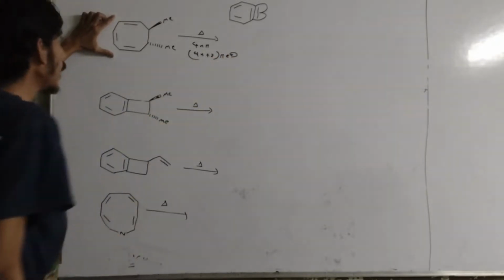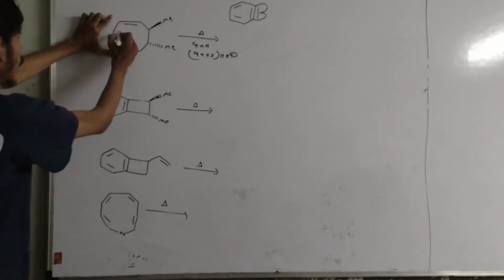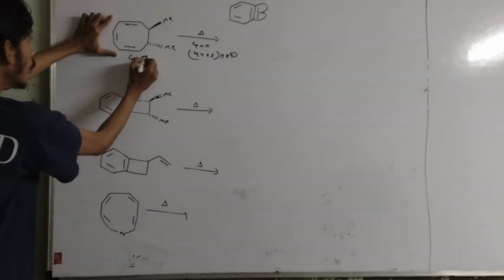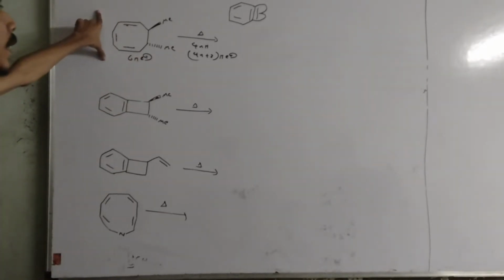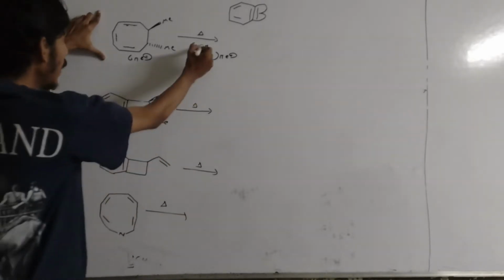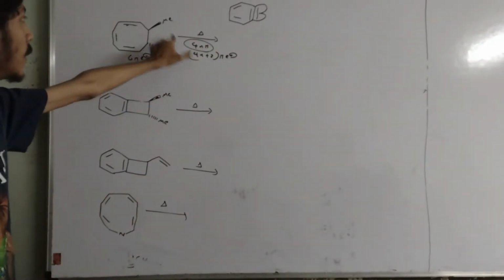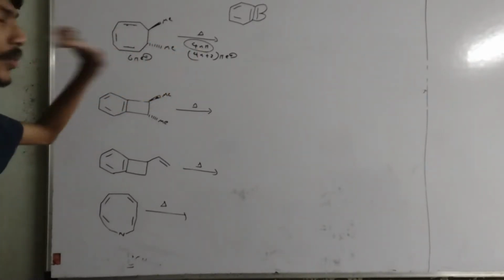This is very important. You can clearly see here 1 2 3 4 5 6, so 6 pi electrons. There are 2 possibilities for the electrocyclic reaction: whether it proceeds through a 4 pi system or through a 6 pi system.